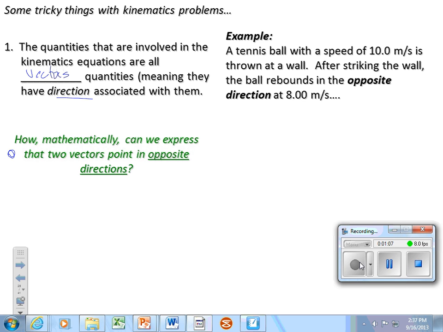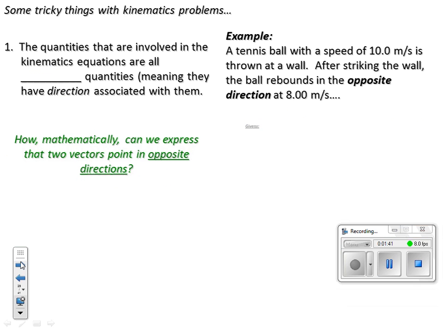So what we can say here is that the initial velocity is 10 meters per second, but the final velocity is 8 meters per second in the opposite direction. That's how we take care of direction: use of sign. So be on the lookout for those cases.